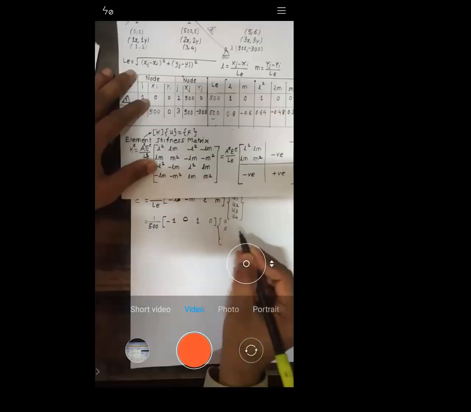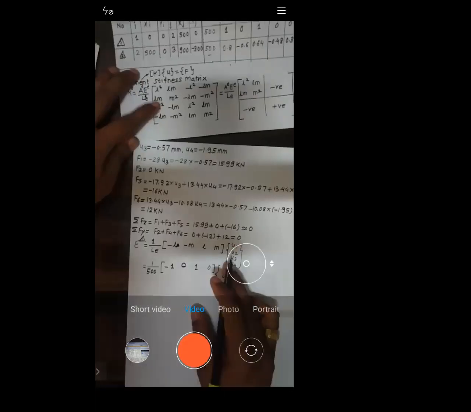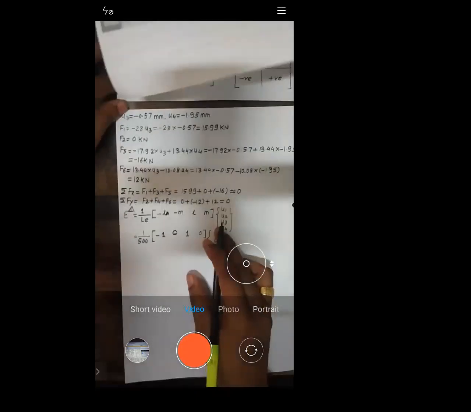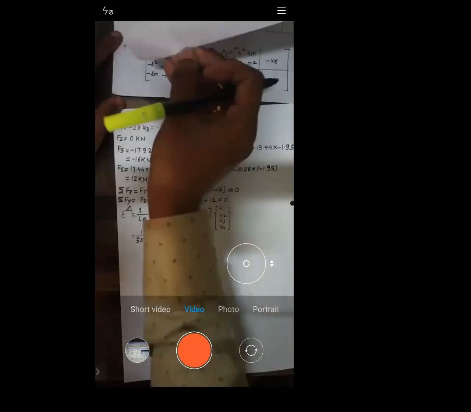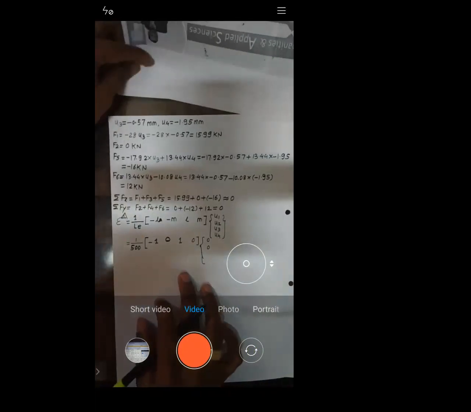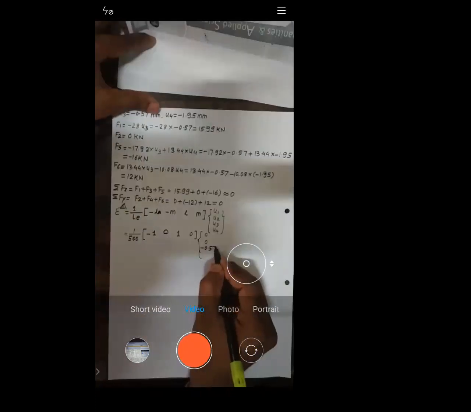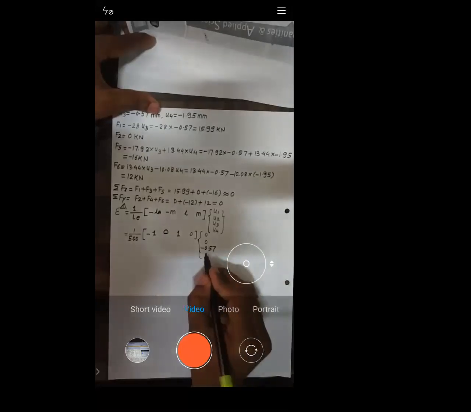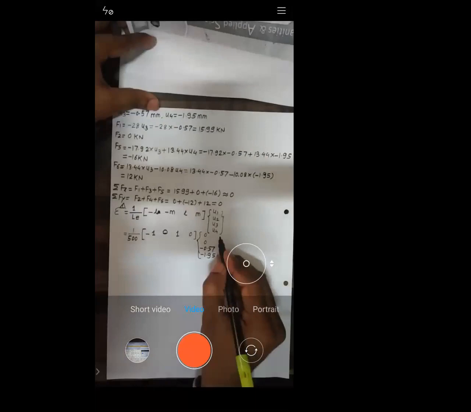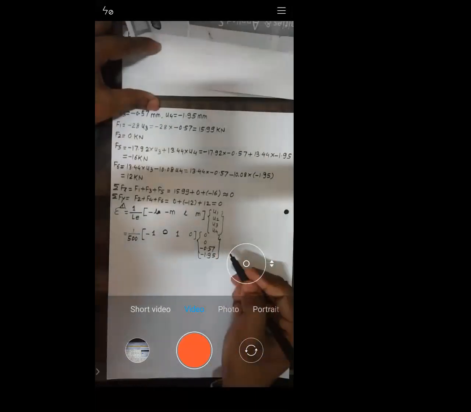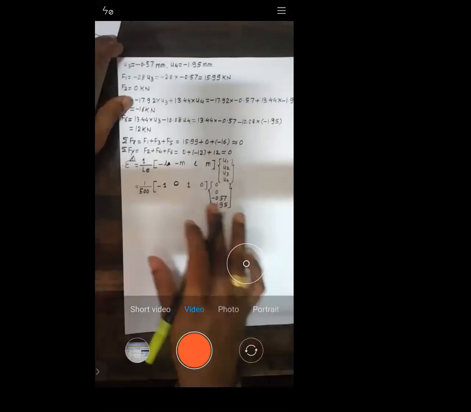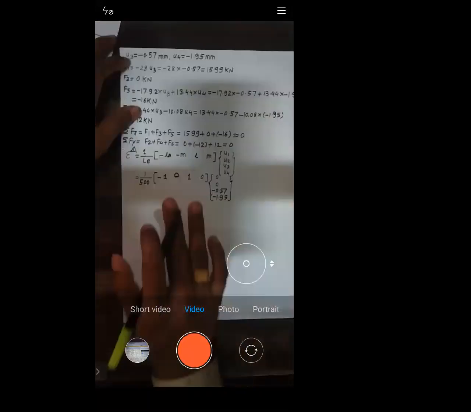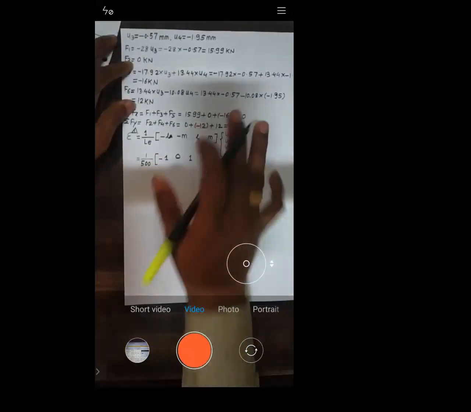Now what is U3 and U4? A short time before we have calculated. U3 is minus 0.57 and U4 is minus 1.95. Can you do this calculation? All of you, can you do this calculation? Minus 1 into 0, it's 0. 0 into 0, it's 0.